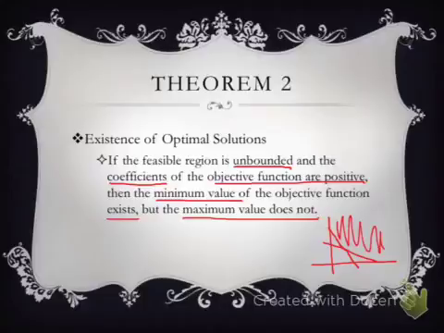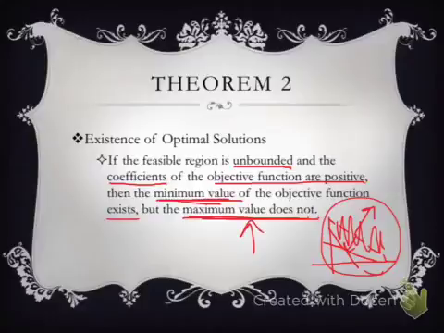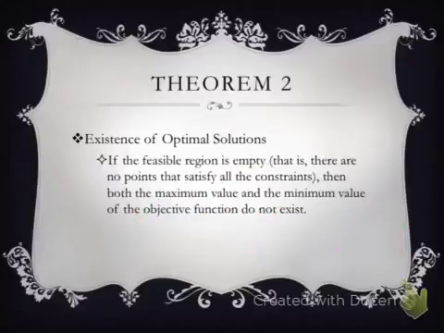So it's easy to see where maybe a certain line here, that this would be the minimum point that it would hit, but there is no point going out this way for a maximum point. So we should be able to find a minimum value in this kind of situation, but we will not be able to find a maximum value. So again, we need to keep that in mind and know what kind of a feasible region we're talking about in the first place to know what we can expect for optimal solutions.